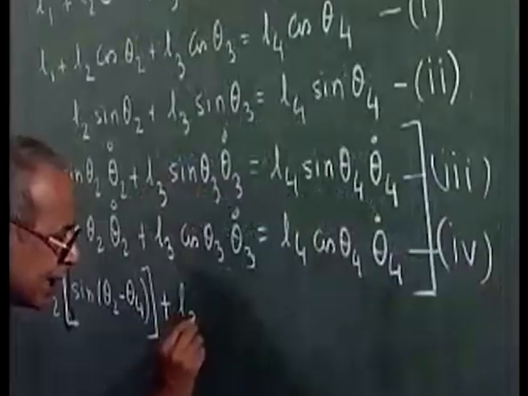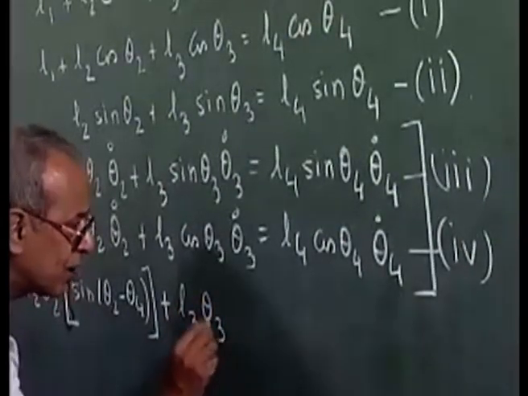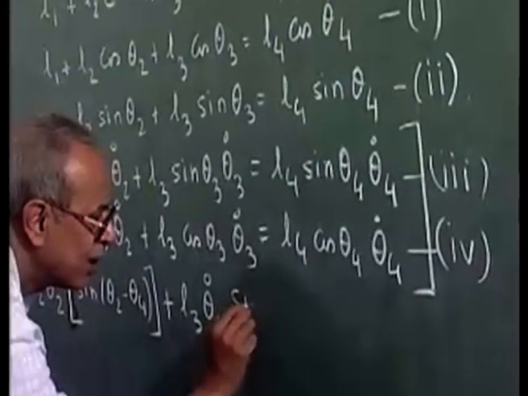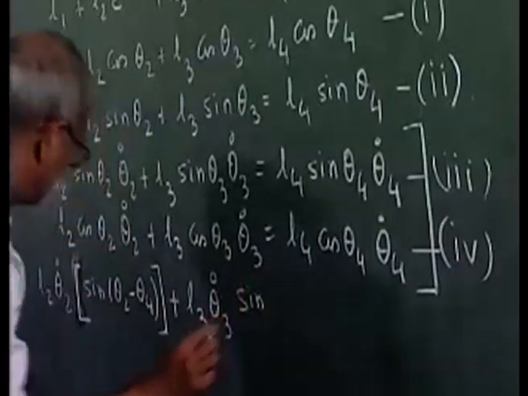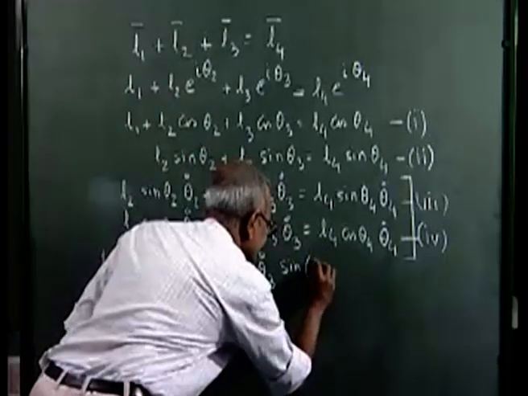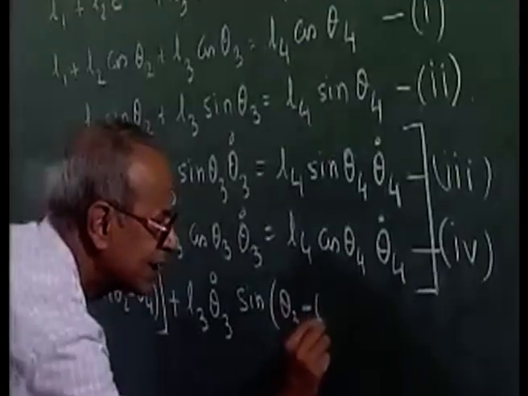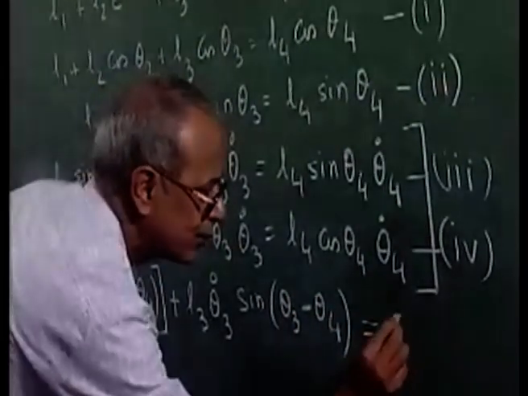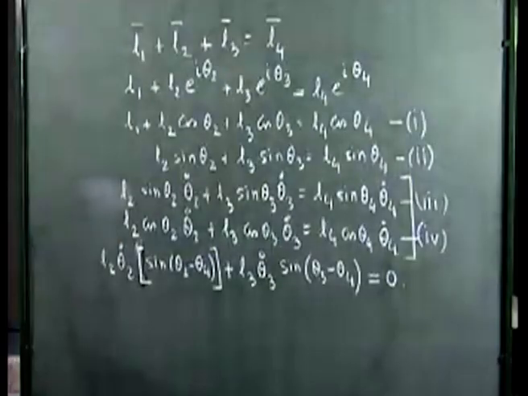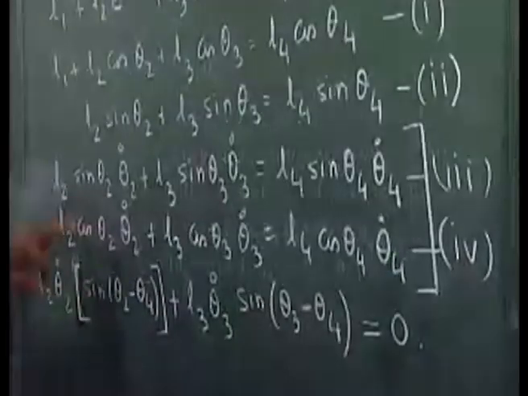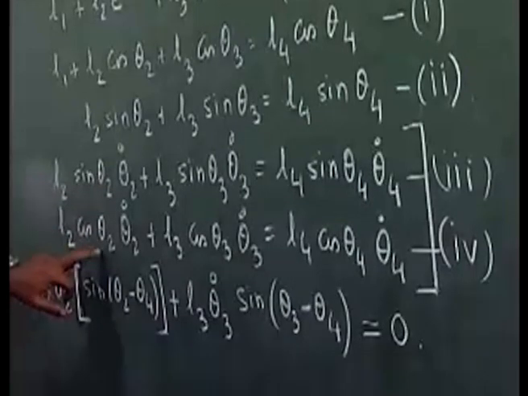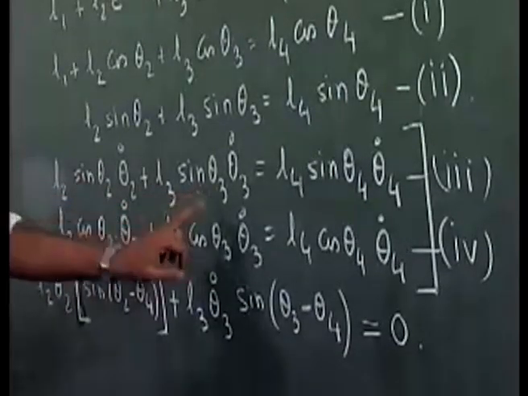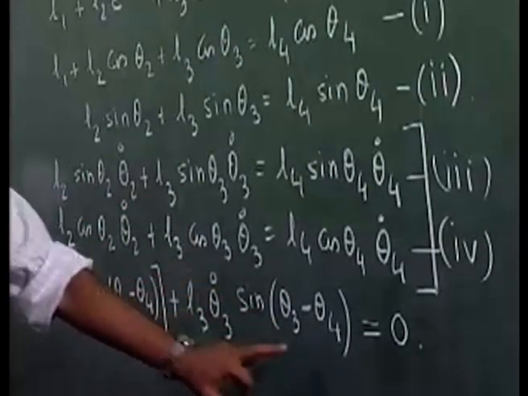So I get L3 theta 3 dot sine of theta 3 minus theta 4, and this is equal to 0. Let me check: sine theta 2 cos theta 4 minus cos theta 2 sine theta 4, sine theta 3 cos theta 4 minus cos theta 3 sine theta 4.